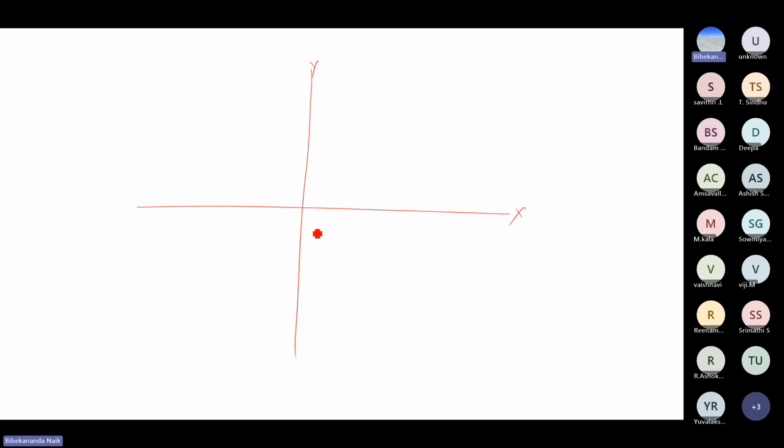We found that at x equal to 0, y is minus 6. So suppose here is the point, 0, minus 6. And at x equal to 1, 2, 3, all these 3 points, the curve is passing through the x-axis.